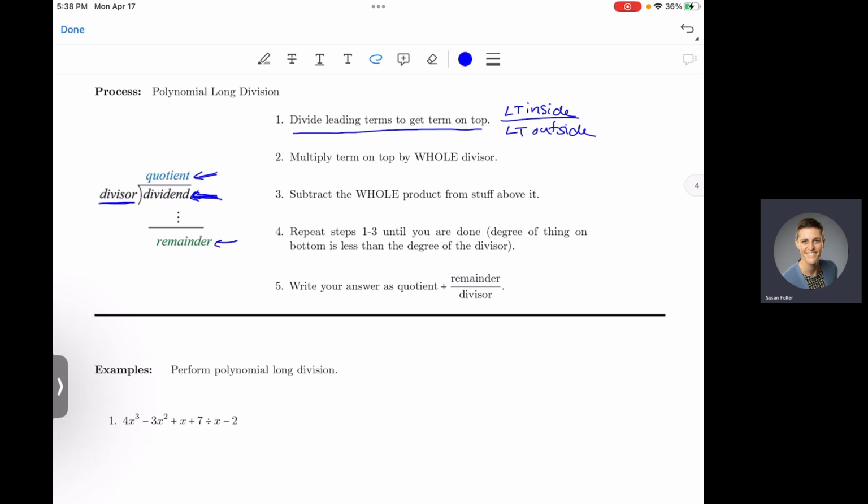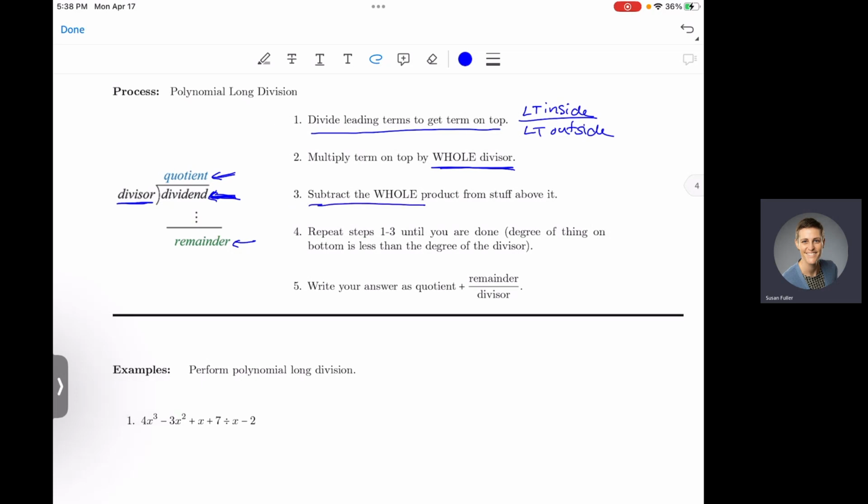And then once you get a piece of your quotient, you're going to take that piece and multiply it by the whole divisor. And then after you do that multiplication, you're going to subtract that whole product from the stuff above it. And that is one round of polynomial long division.